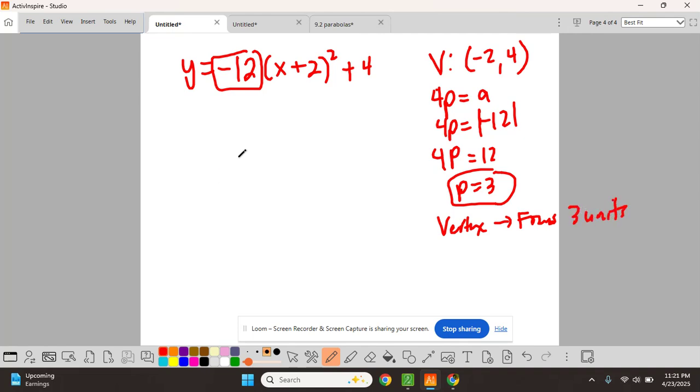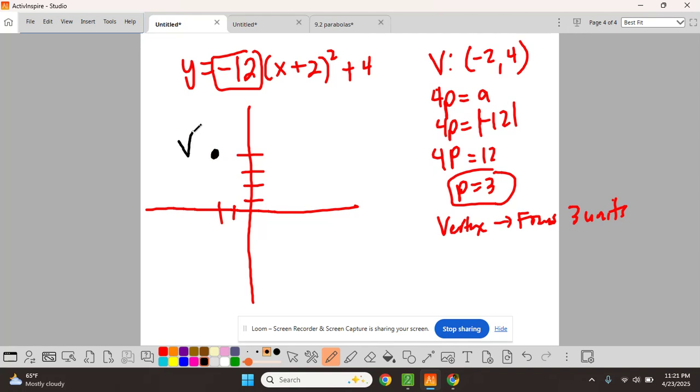Make sense? So if we graph it approximately, left 2, up 4. So left 1, 2, then up 1, 2, 3, 4. I'm going to use a different color. This is my vertex, V, for vertex. Now since a is negative, this opens downward, something like that, approximately.